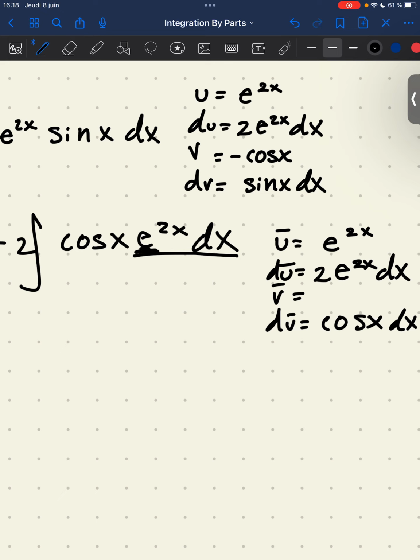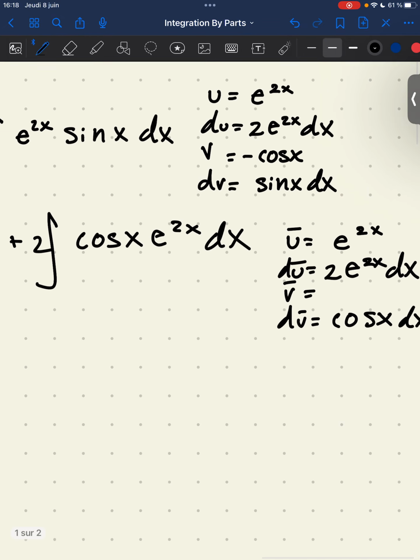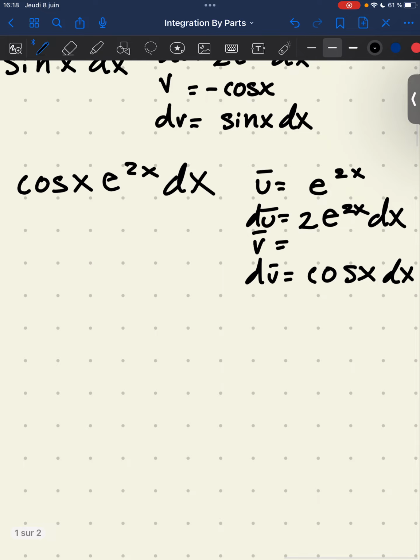It's whichever one makes it easier to integrate, and the other one is usually the one that's easier to differentiate. So in this case, the cosine is easier to integrate than the e to the 2x. Now for this one, our integral would just be sine of x.